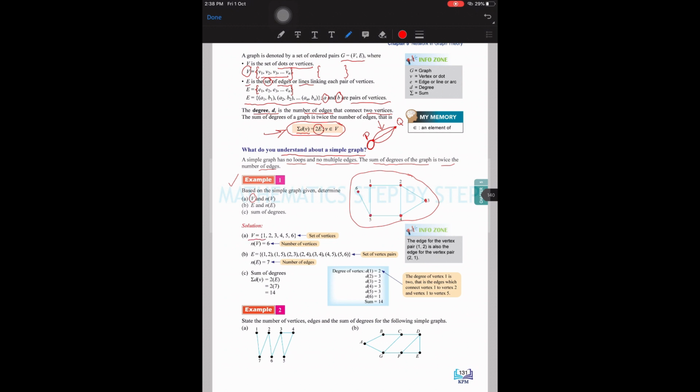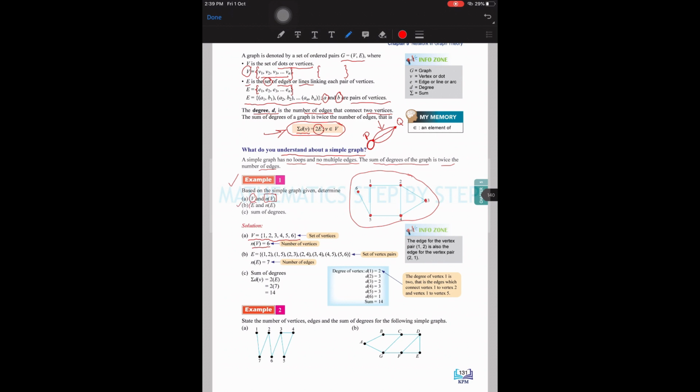So the set of vertices is {1, 2, 3, 4, 5, 6}. Then n(V), the number of elements in this set, is 6, okay? This is what we have learned in chapter 4. So again, if you are having problems understanding this, you can go through my video on sets again, okay?